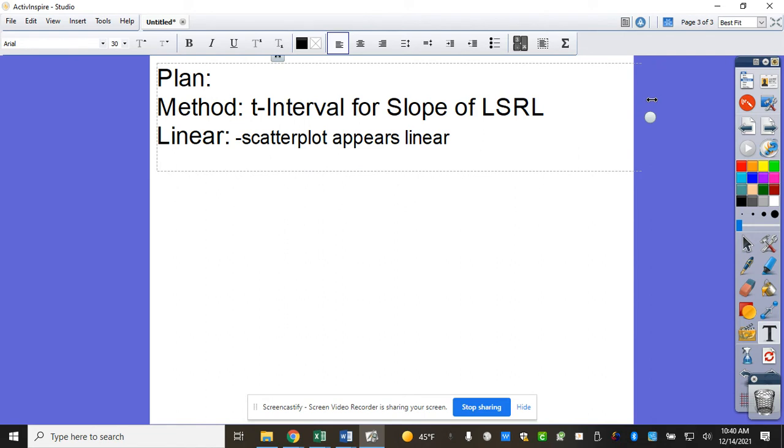And then I also need to mention which graph. And how many things am I checking for that in that one? So what's the first thing? What's the second thing?